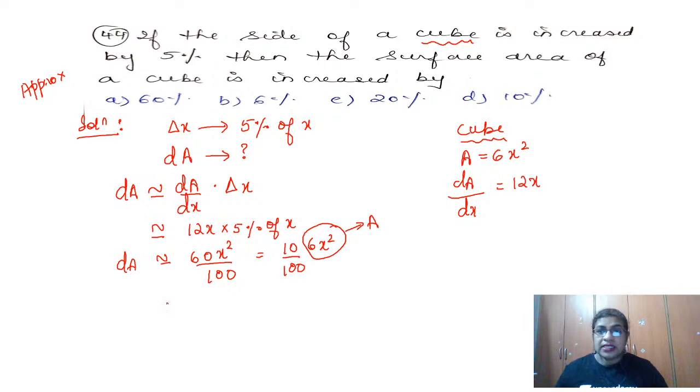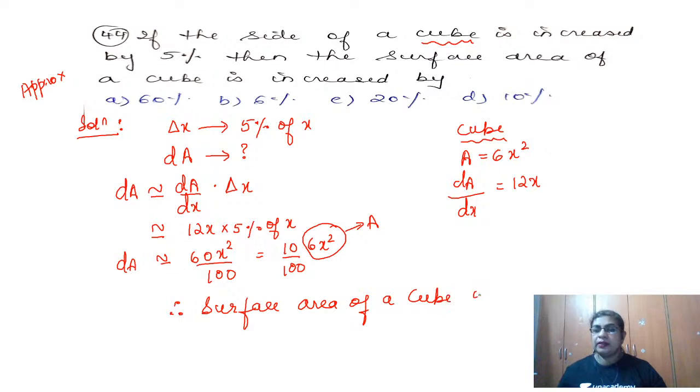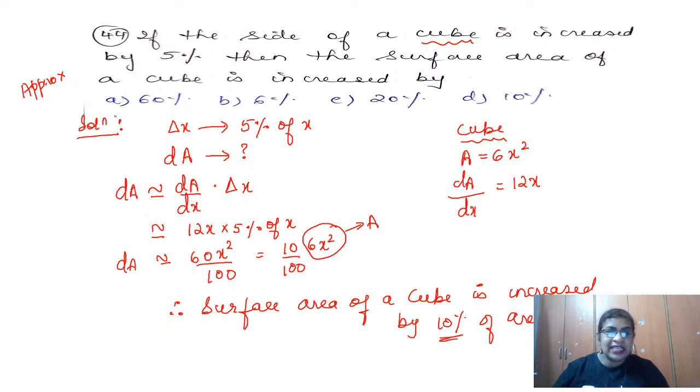So therefore the surface area of a cube is increased by 10 by 100, that means 10% of area. So this 10% is the required answer, and that is the D option.